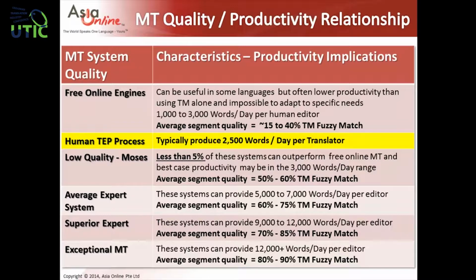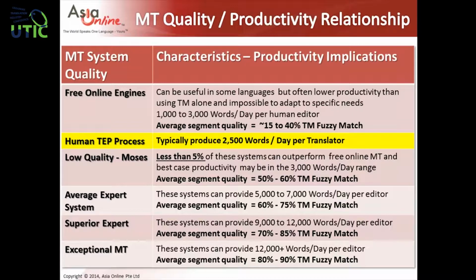So if you take the free online engines, they're actually not so bad in some of the Romance languages. They get worse and worse the further you get away from English in terms of linguistic similarities. And so they're terrible with Asian languages. They're not that great with Russian, as far as I know.